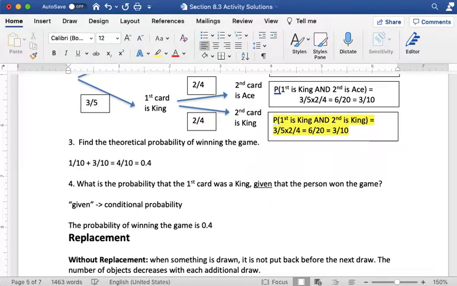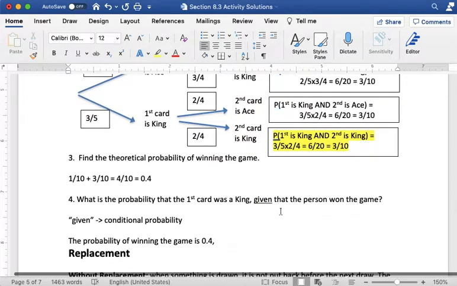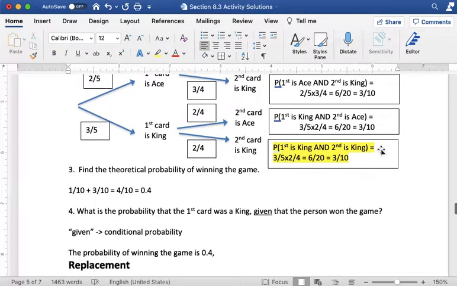I'm going to switch that to a decimal here. And then the probability that the first card is a king and you won the game is 3/10.